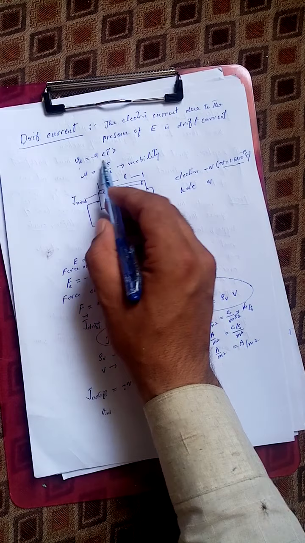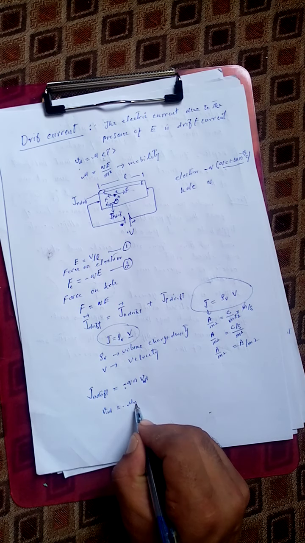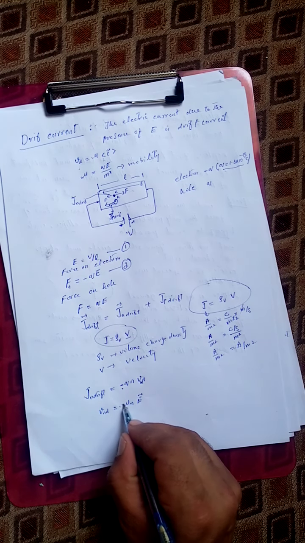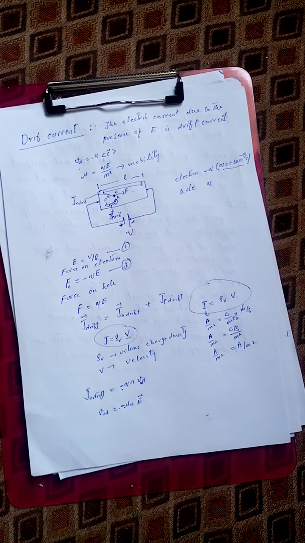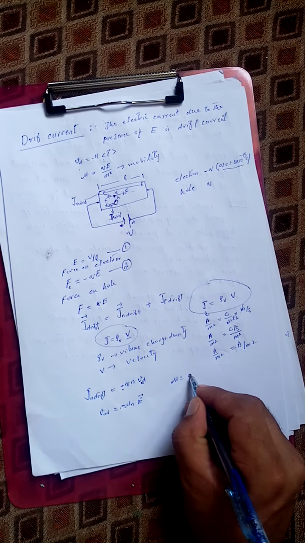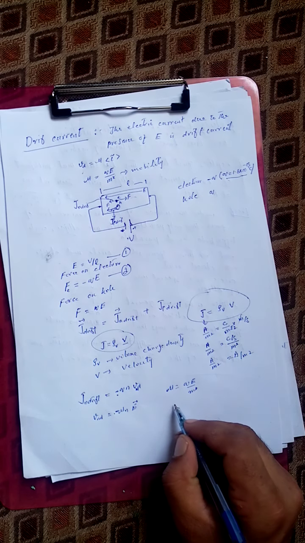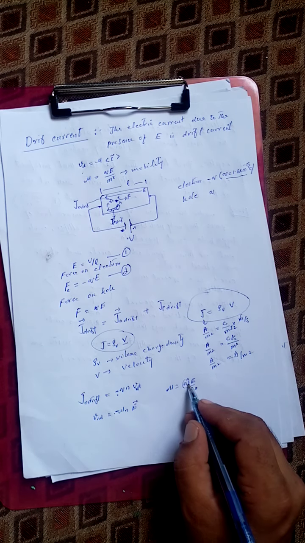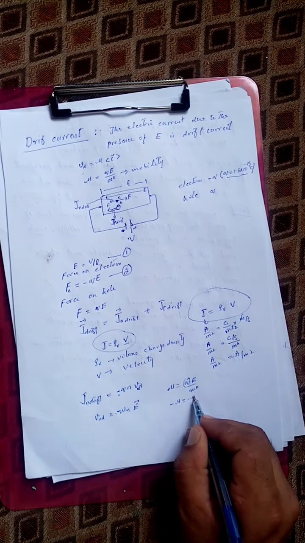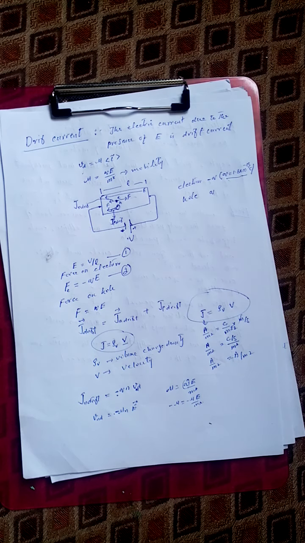We already defined v_d as mu times E, but there is a negative sign for the electron because mu is qτ over m star. Charge is negative for electron, so we have minus mu, which is minus qτ over m star. That's why we have a negative sign here.